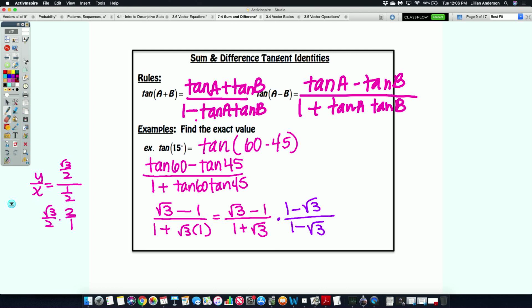So I've got to deal with tangents, which means I got to do keep, change, flip, and I got to deal with radicals in my denominator. So I'm going to FOIL this very slowly. Square root of 3 times 1. Square root of 3 times a negative square root of 3, negative 3. A negative 1 times a 1, negative 1. And a negative 1 times a negative square root of 3.